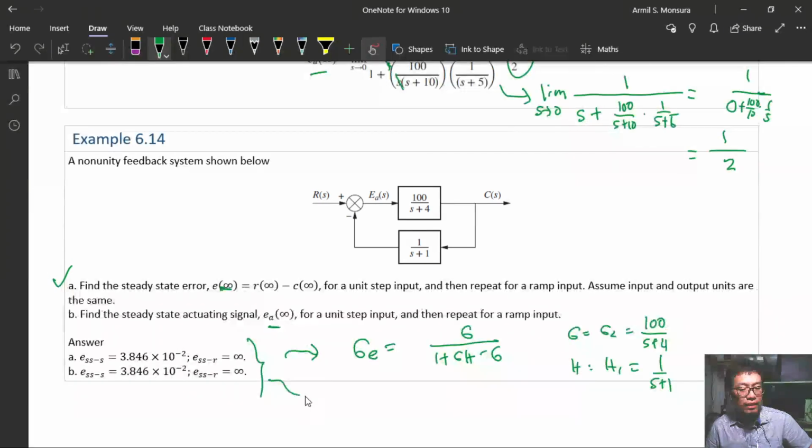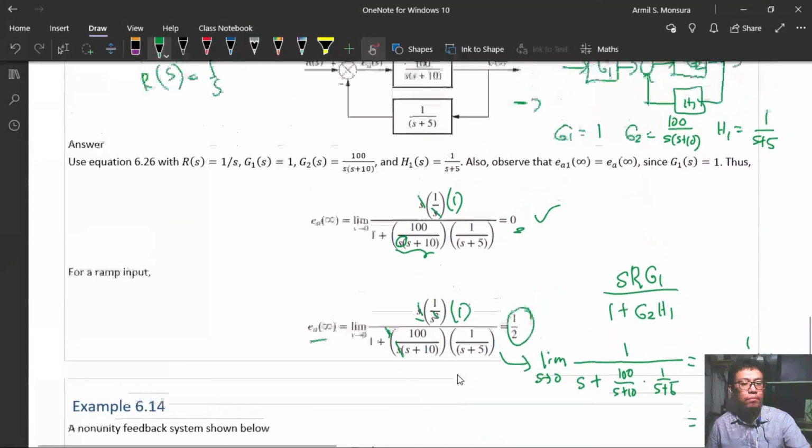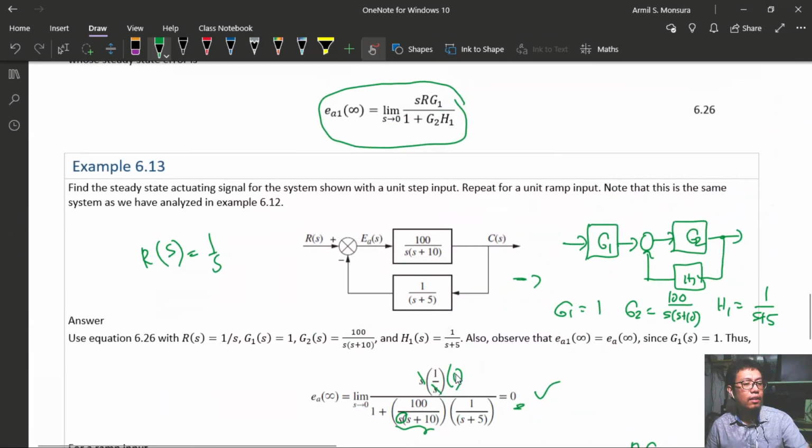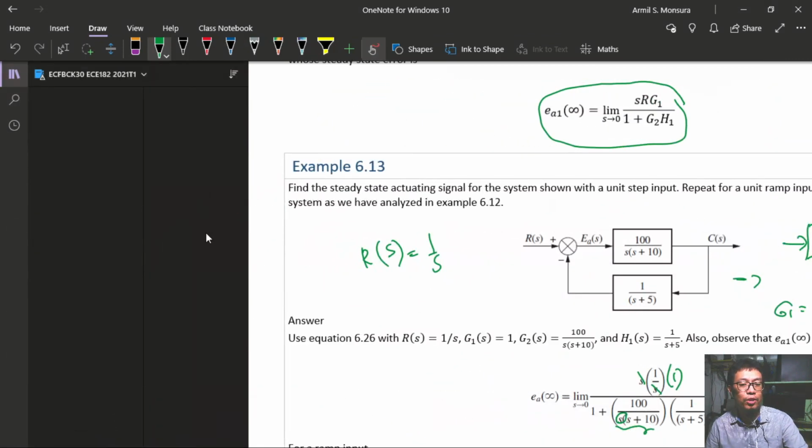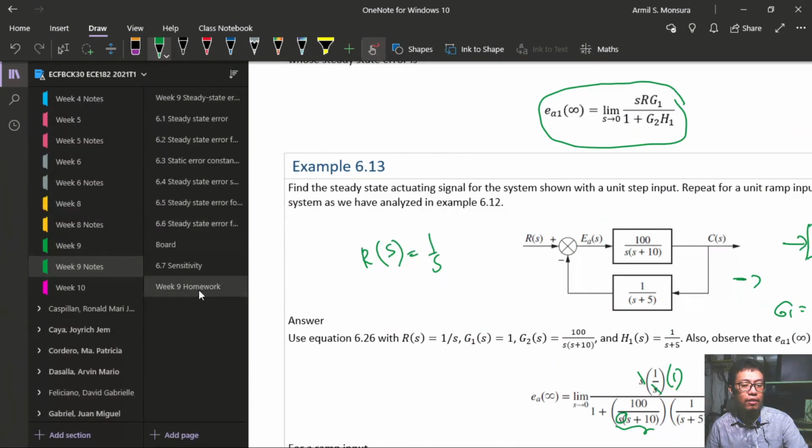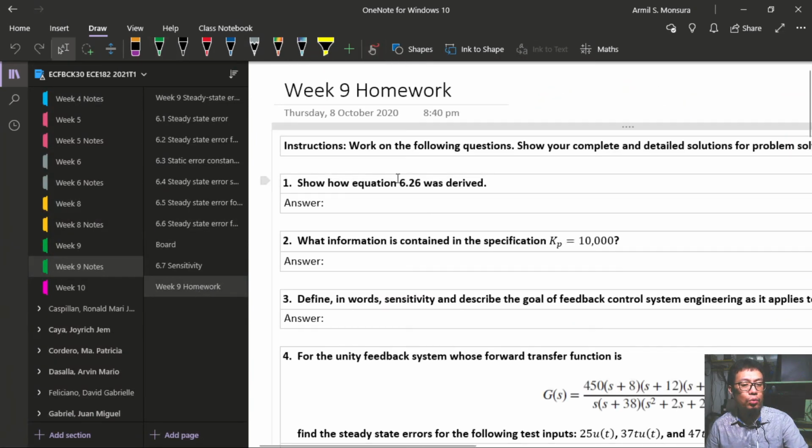For letter B naman, gagamitin natin yung formula na EA, okay, equals SR times G1 over 1 plus G2 H1. Okay. And by the way, I think I had a question sa inyong homework. Isa sa mga questions sa homework ko pala na alala ko, asking you to derive yung 6.26.